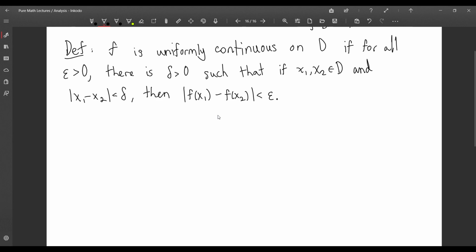You sort of say f is continuous at x, and then f is continuous if it's continuous at all such x. But uniform continuity is a definition that applies across a whole set, right? And you can take any 2 points in this set, so long as they're close together, and then you know their function values are going to be close together, right?